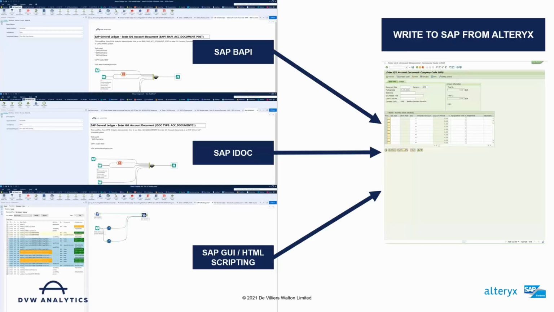So what we have is three mechanisms through which we can do this. We can create data through IDOC in a similar way to our loads, but it requires a little bit of knowledge of IDOC. We can also use BAPI where BAPI is available, and you also need some knowledge of BAPI to make that work.